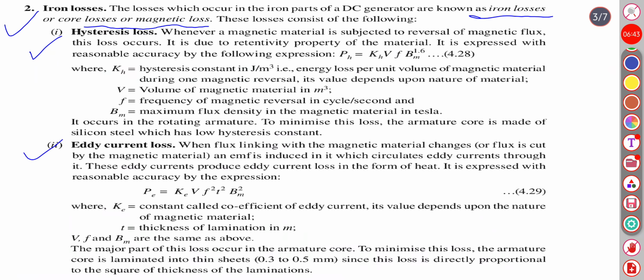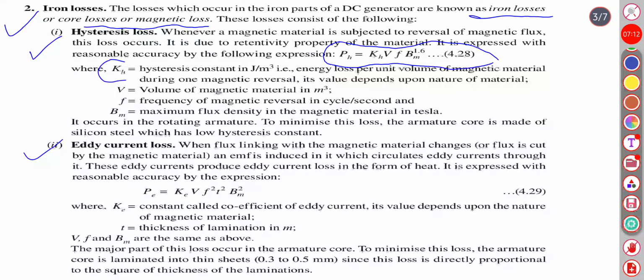Now the power loss component, hysteresis, is because of the magnetic material property, and it is expressed with reasonable accuracy as P_h equals K_h V f B_m to the power 1.6.